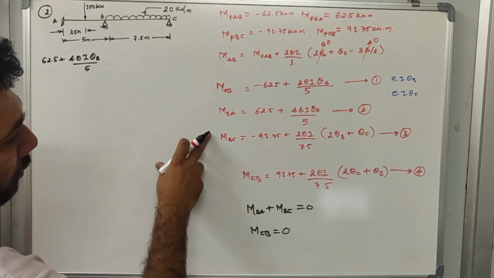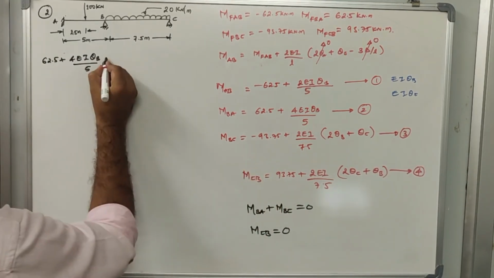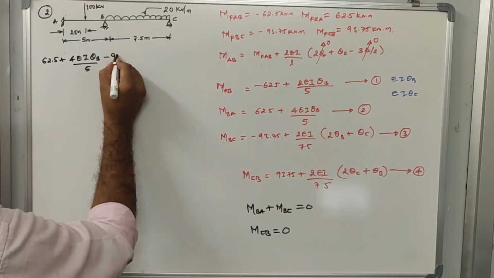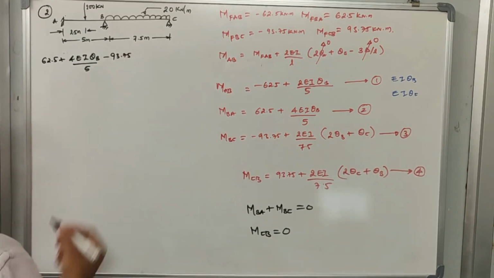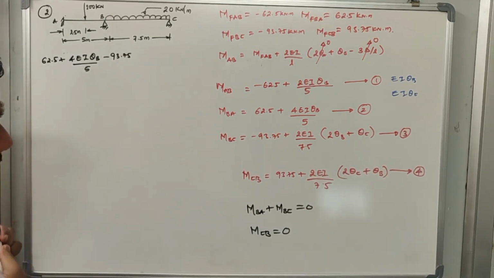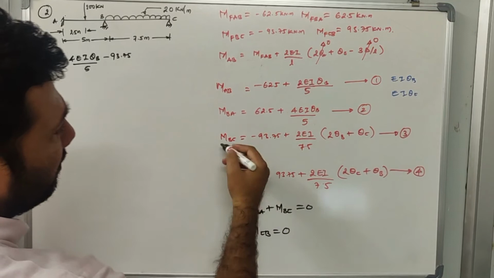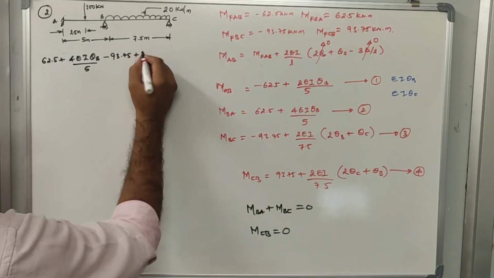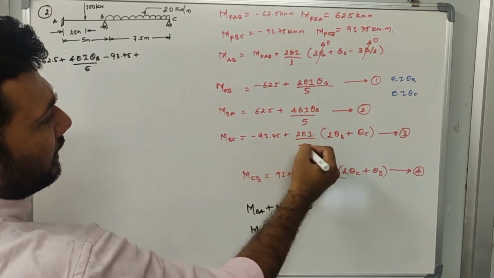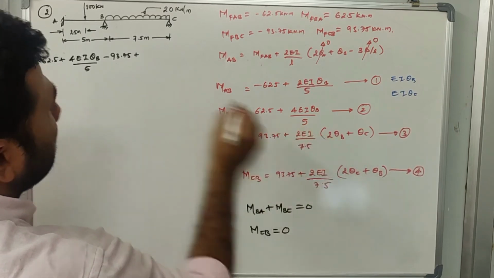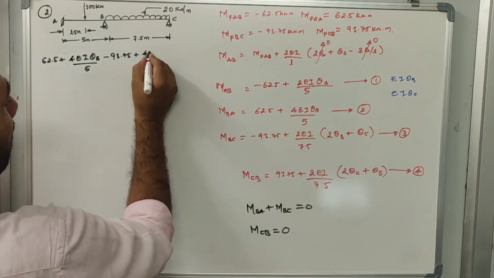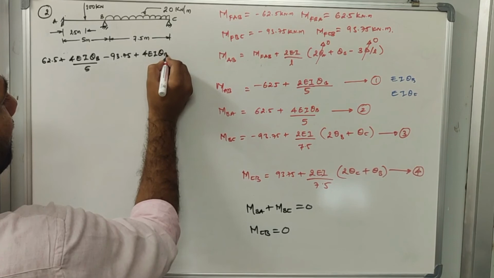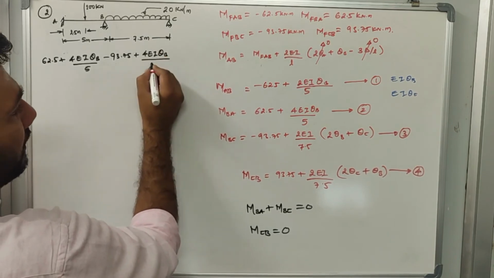Now let us go for the MBC equation. This is MBC. I will substitute that here. Minus 93.75, which is our first term of the MBC equation, plus 2EI by 7.5 multiplied by 2 is there. So that is why I will write it as 4EI theta B divided by 7.5.